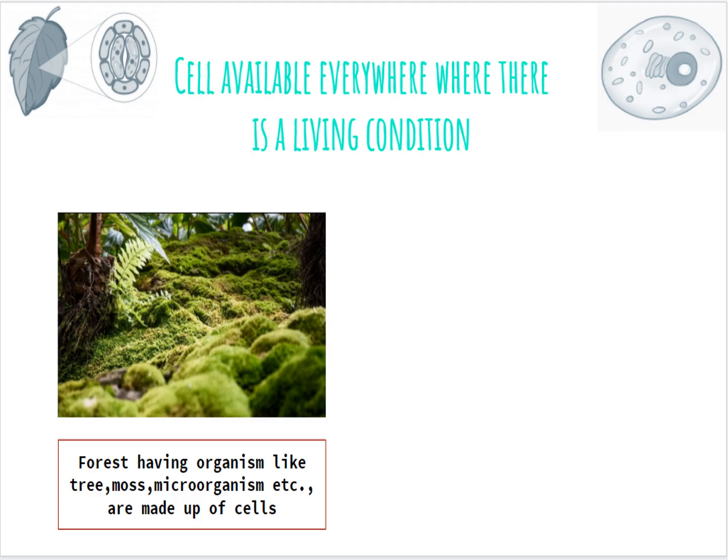These organisms are ultimately made up of cells. So, this is a simple example. We can say that a cell is available in many conditions as the earth is suitable to sustain life.